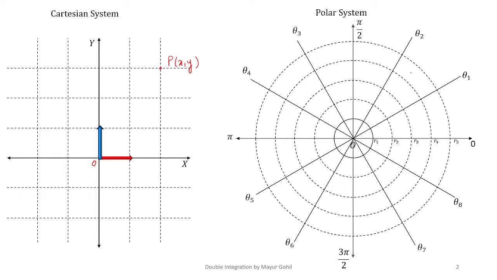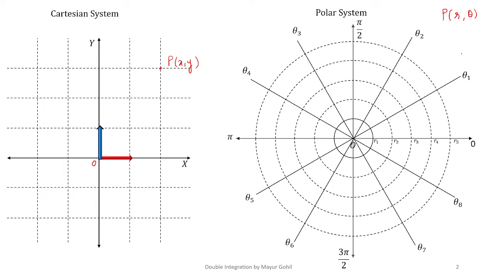So if I have the system over here, you can see this 0 is the angle 0, and here there is an origin. Any point on the polar system is made up of (r, theta).